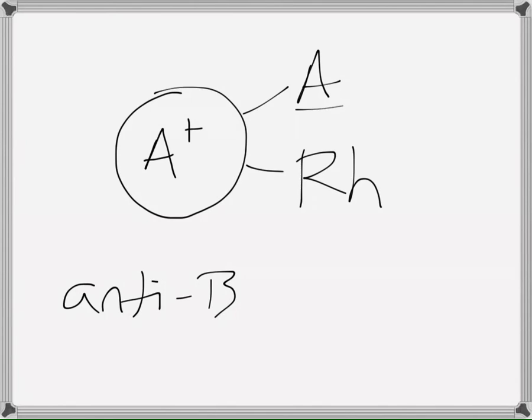The person's making antibodies against B, and the antibodies will bind to and clump with the foreign B blood cells. That clumping is what the immune system does. That's what antibodies do. When something foreign comes into the body, antibodies clump on it, and that activates the immune system, and the body carries it away and gets rid of it.